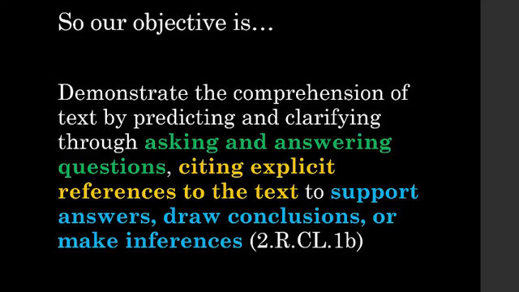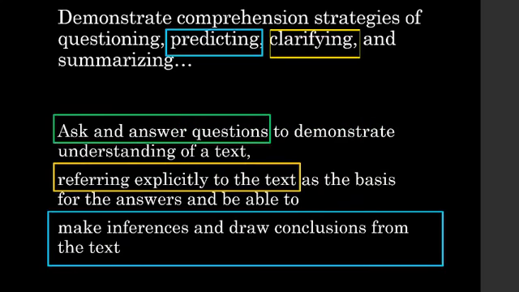Okay, so I want to go back again. Remember, I said that we're going to be hitting these comprehension strategies of predicting and clarifying. So obviously, drawing conclusions and making inferences, well, making inferences is more about predicting than drawing conclusions is. But I think that hits on that.